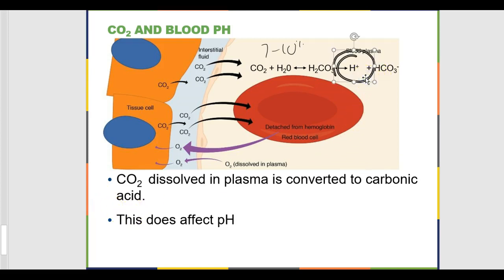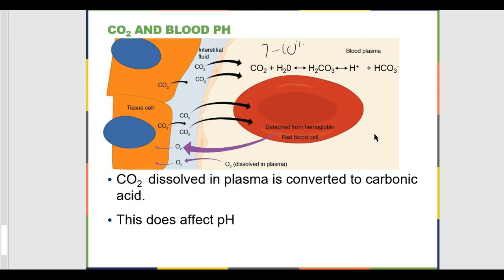So this does happen at a relatively slow rate because there's no carbonic anhydrase, no enzyme to catalyze this reaction in your plasma, but CO2 dissolved in the plasma does get converted to carbonic acid, and that carbonic acid can lower the pH in your bloodstream.